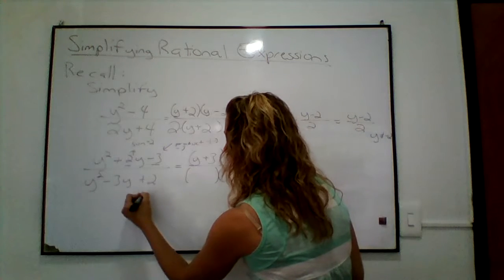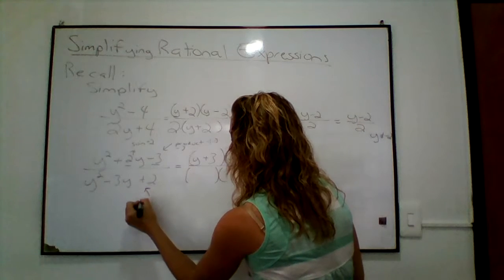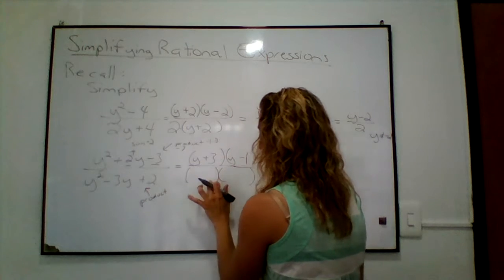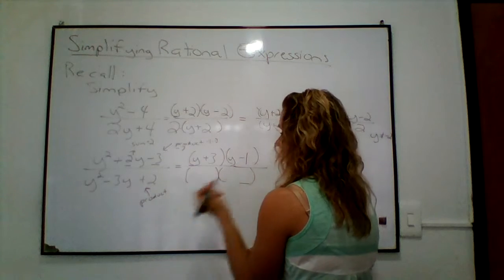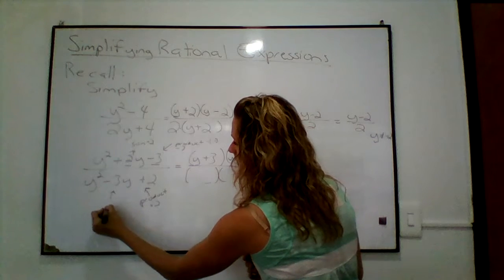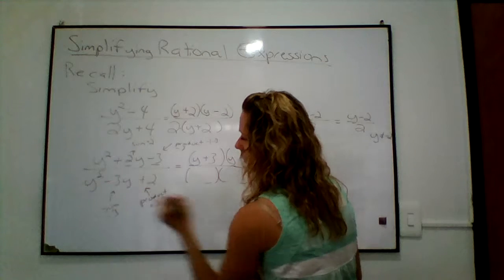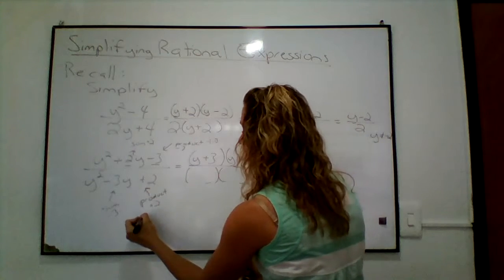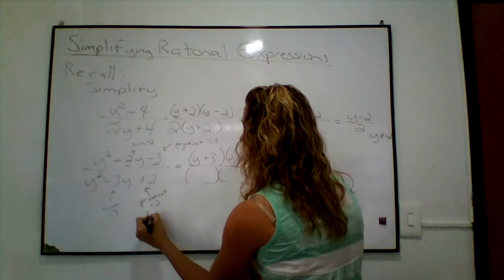We see that we have a 2 here, so we want the product of our 2 numbers to be +2 and the sum to be -3. The only 2 numbers that give us 2 multiplied together are 1 times 2.